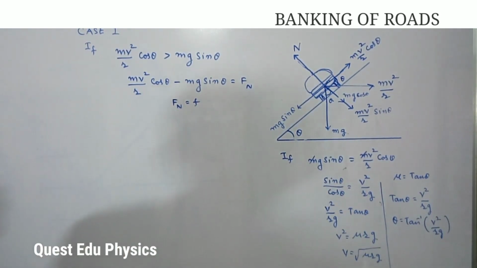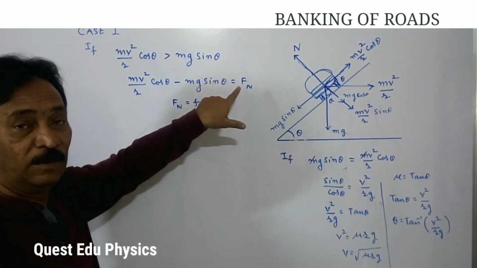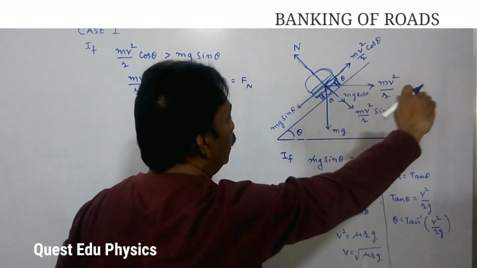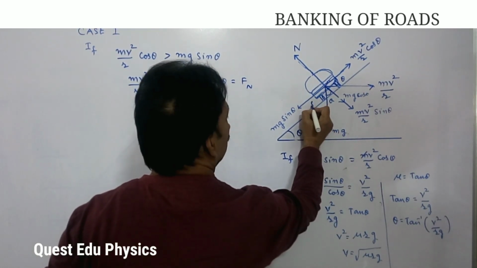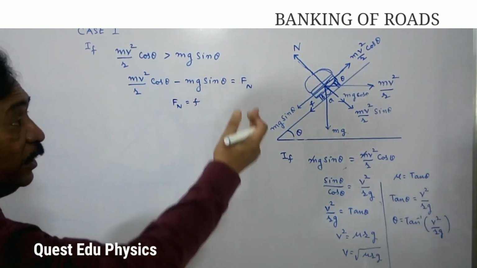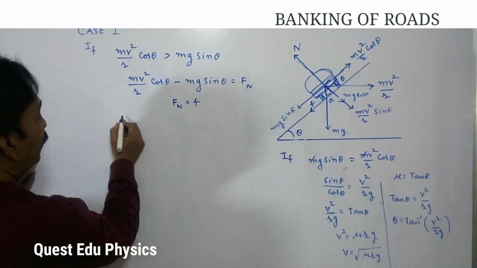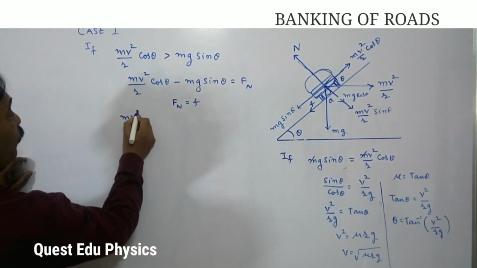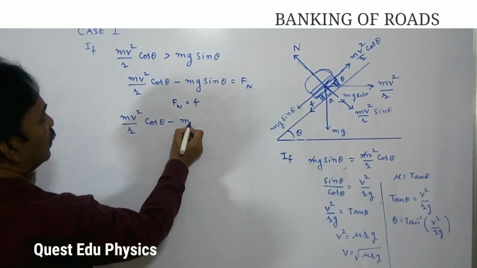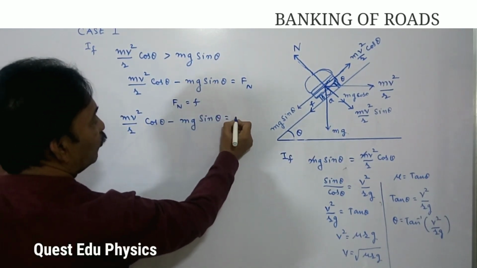If mv²/r cos theta is greater than mg sin theta, what happens? There is a chance of the vehicle toppling down in this direction. Then a frictional force will develop in this direction, which prevents the vehicle from turning down. You can write mv²/r cos theta minus mg sin theta is equal to the frictional force.